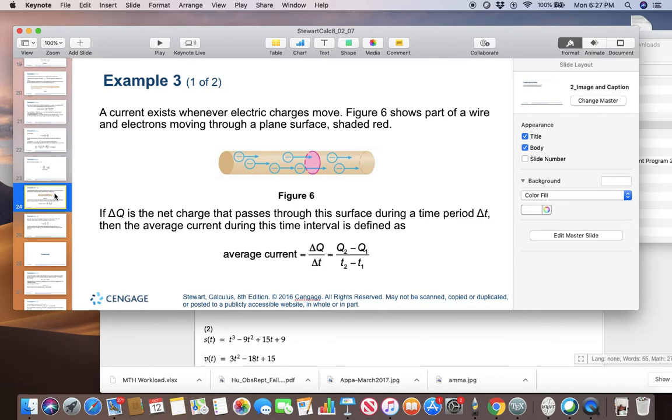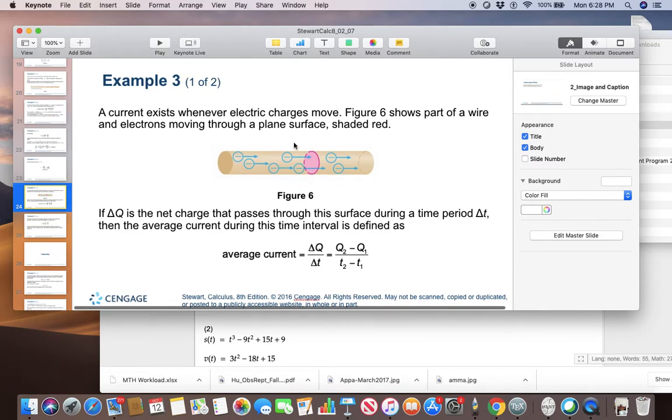Alright, another example is the current. What is current? A current exists whenever electric charges move. So here is this figure, which shows part of a wire and electrons moving through a plane surface. So when electrons move through that surface, that's when electricity is created.